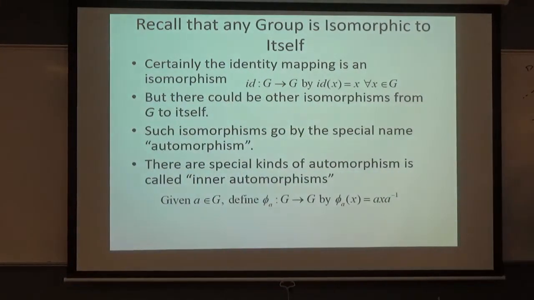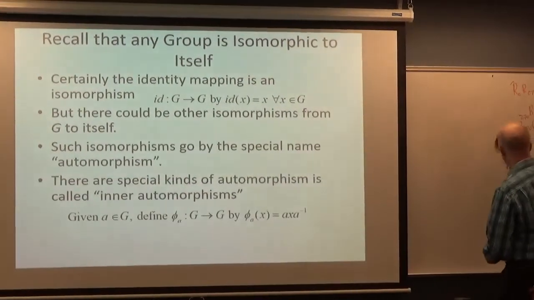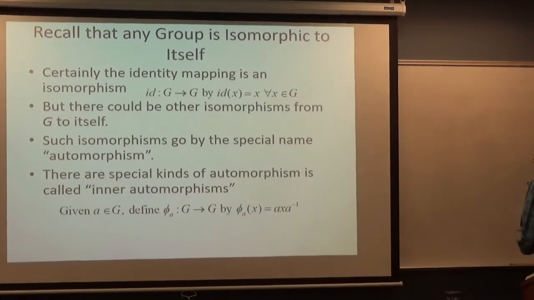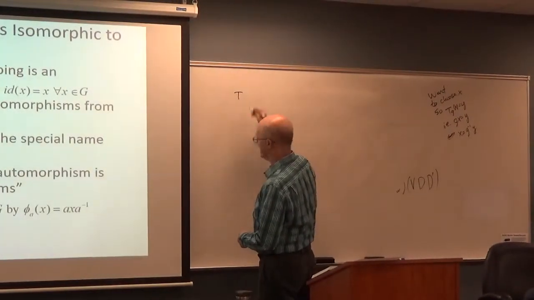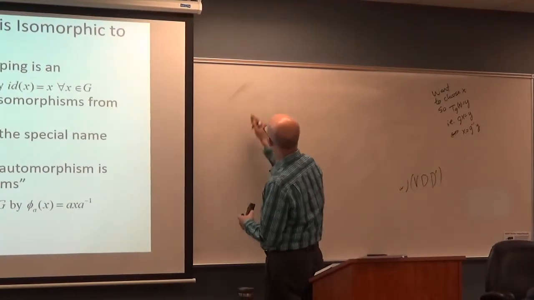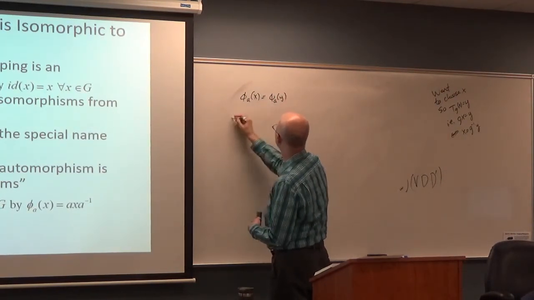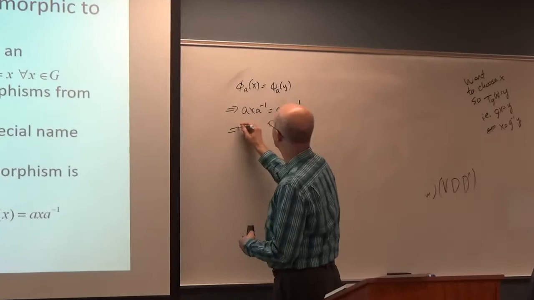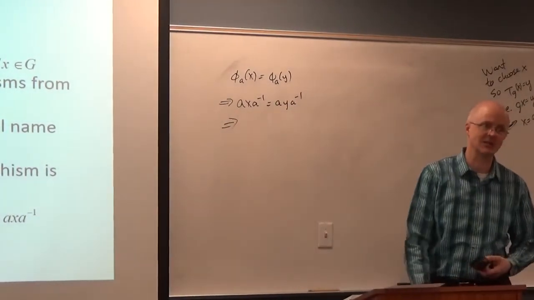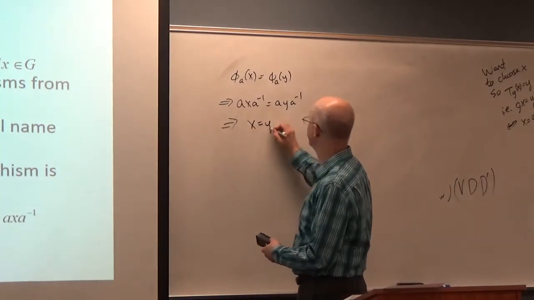We should verify that this is one-to-one, onto, and operation preserving. If phi sub A of x equals phi sub A of y, that will imply A x A inverse equals A y A inverse, which by left cancellation and right cancellation, cancel the A's on the left and the A inverses on the right, implies x equals y.